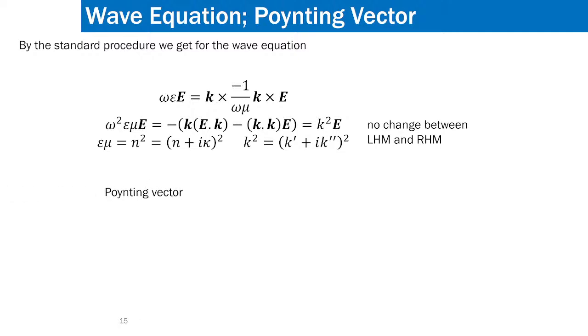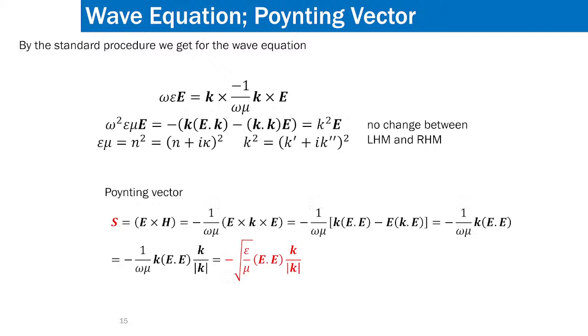Now let us see what is happening to the Poynting vector. The Poynting vector by definition is the cross product of E and H. So S, the Poynting vector, is equal to E cross H. Actually, H is equal to minus k by omega mu cross E, which we get from Maxwell's equation.